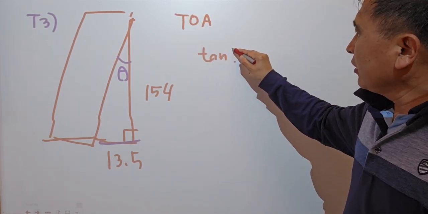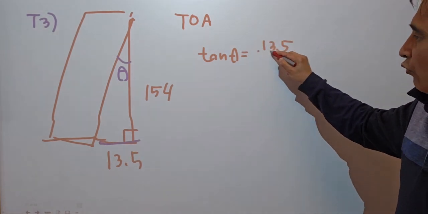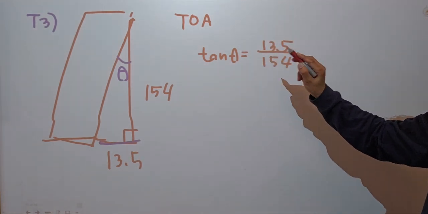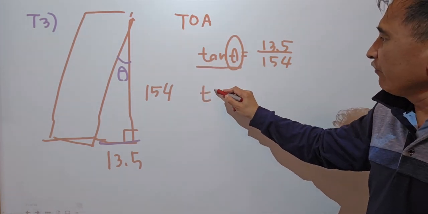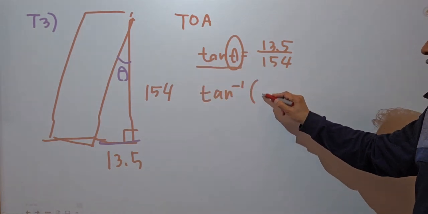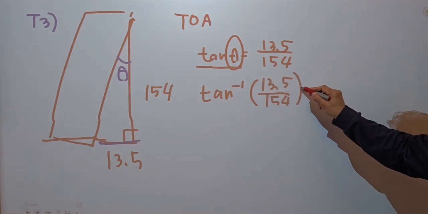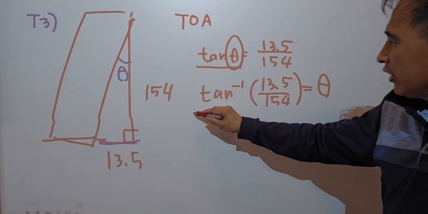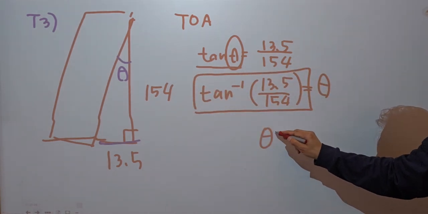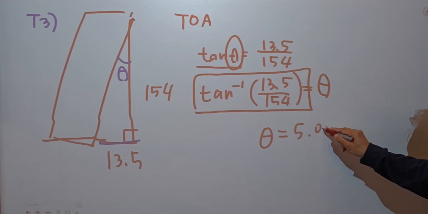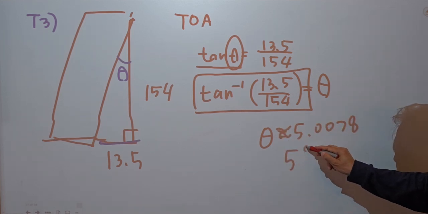Tangent theta equals opposite over adjacent, 13.5 over 154. In order to find the angle theta, you cannot separate it, so the only way is the inverse: tangent inverse of 13.5 over 154 equals theta. You can only calculate it using a calculator. If you calculate that, theta is about 5.0078, so about 5 degrees is the answer.